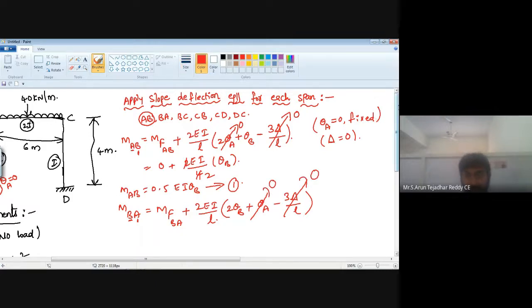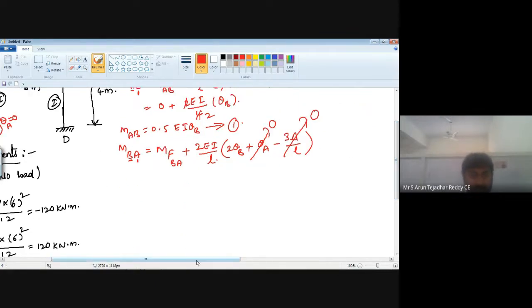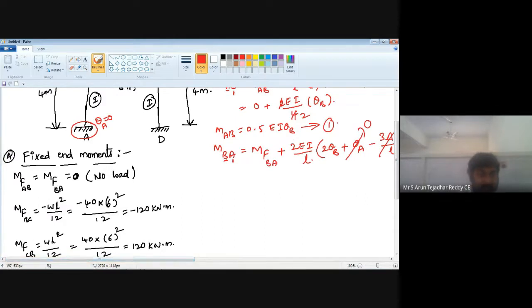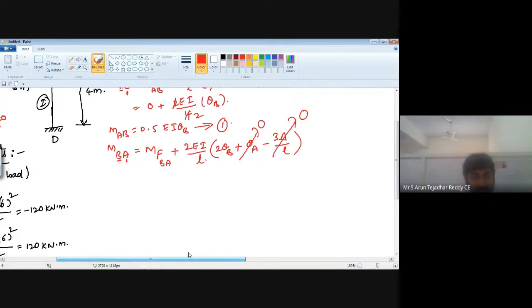Next, substitute the remaining terms. MFAB as well as MFBA is 0 because there is no load acting between A to B as well as B to A.